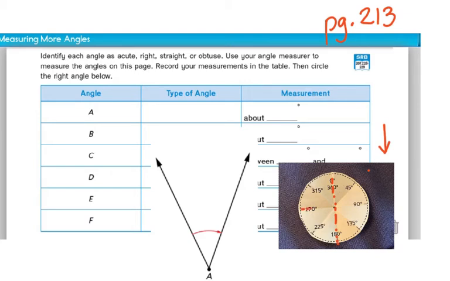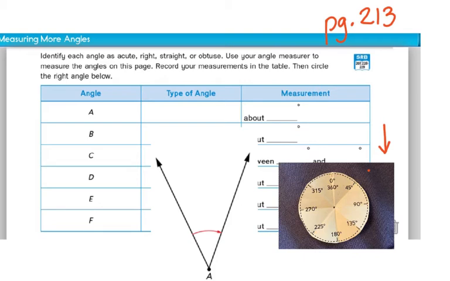Keep it folded and fold it in half again. And then fold it one last time. So you're folding it in half 3 times. What that will give you are some fold marks that will help you with measuring angles.